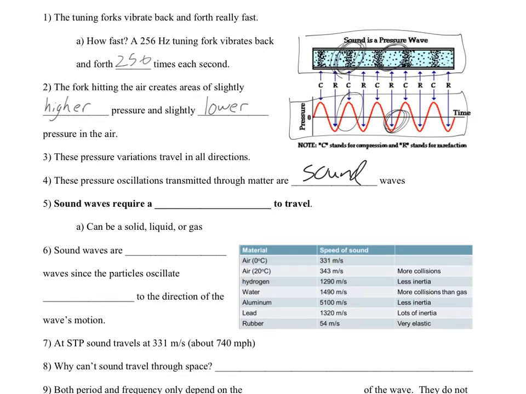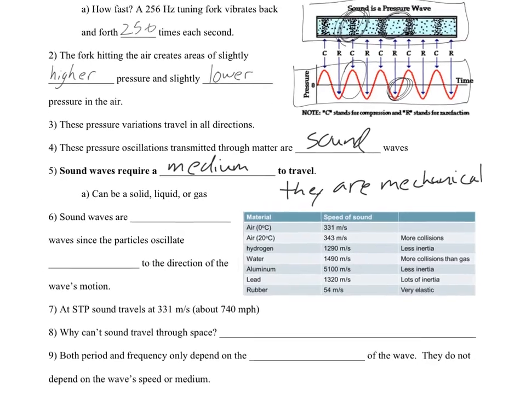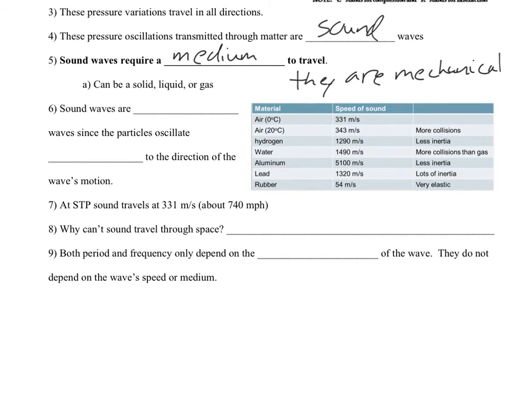Sound waves require a medium to travel, just like any other mechanical wave. Sound waves are longitudinal waves, since the particles oscillate parallel to the direction of the wave's motion.